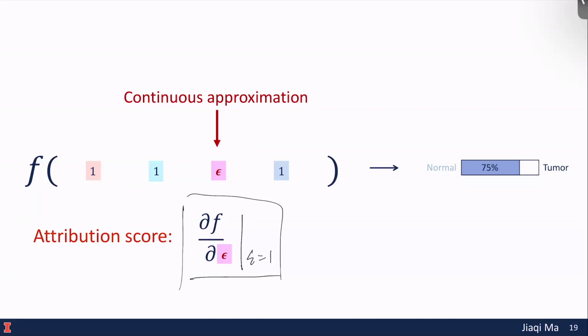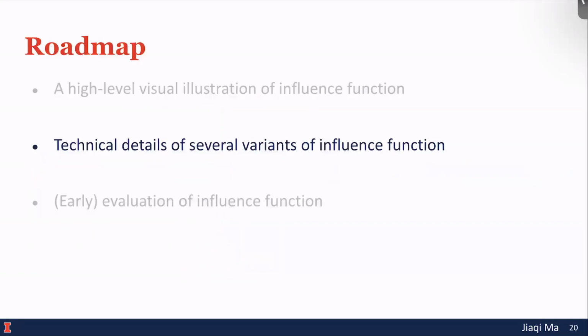And the idea of influence function is basically to use this score as a proxy of the importance or influence of each individual training data point on the model behavior. So that is the high-level idea of influence function.